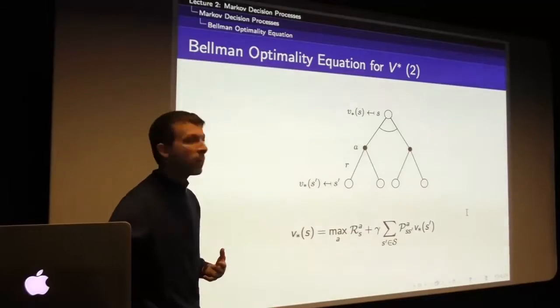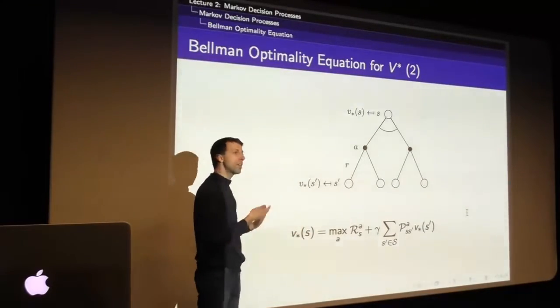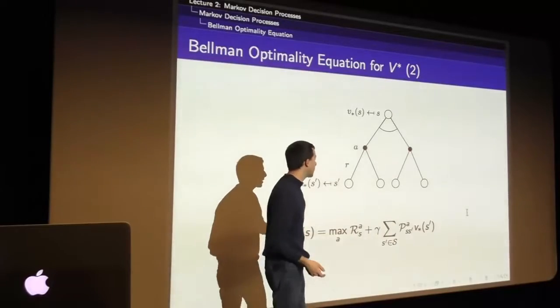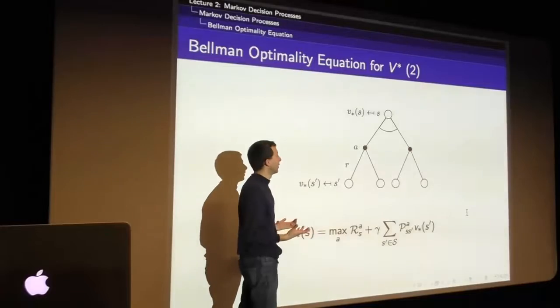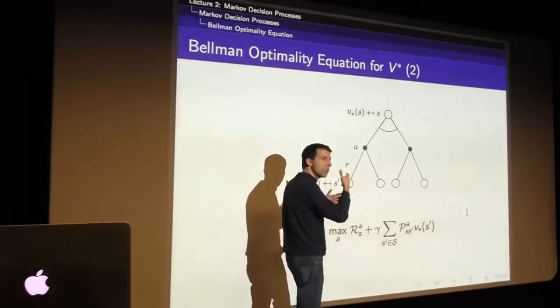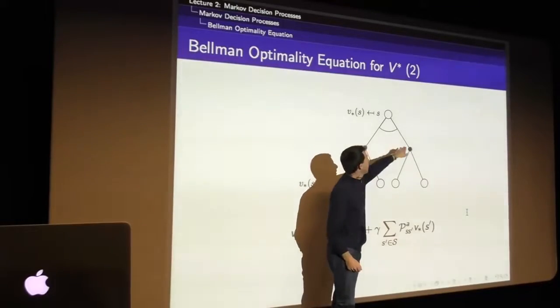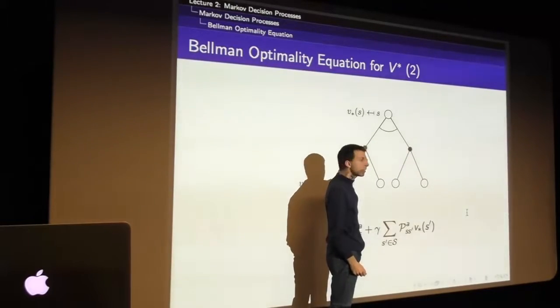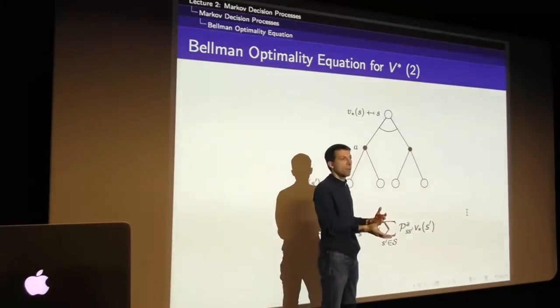And again, what we can do is put those two pieces together. When you put those two pieces together, you have a recursive relationship that relates V star to itself. So this gives us an equation that we can solve. Okay? So this is now a two-step look ahead. We're looking ahead over the actions we can take here and maximizing over those. And we're also looking ahead over the dice that the environment might roll.